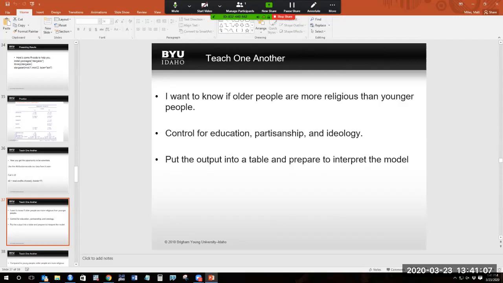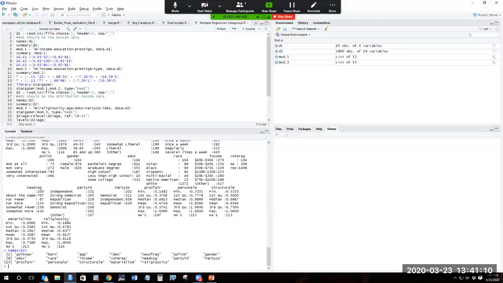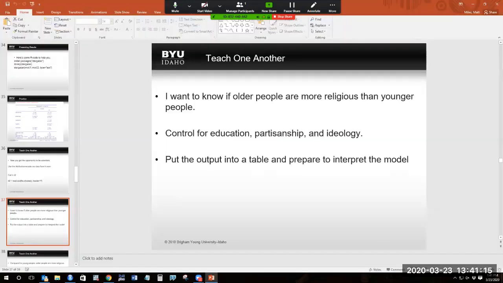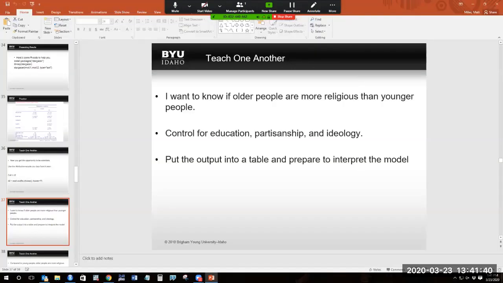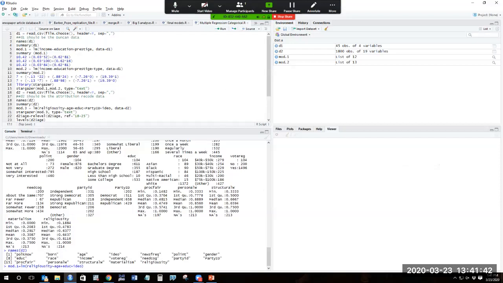Okay, now you're going to see me do it super fast. I don't know, maybe you're faster than me at this. I'm going to call it mod.1. Mod.1 equals LM of religiosity. I spelled it wrong because remember it's reverse coded. Predicted by age plus education plus ideology and partisanship.